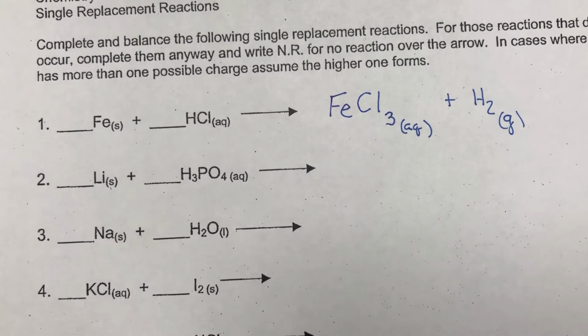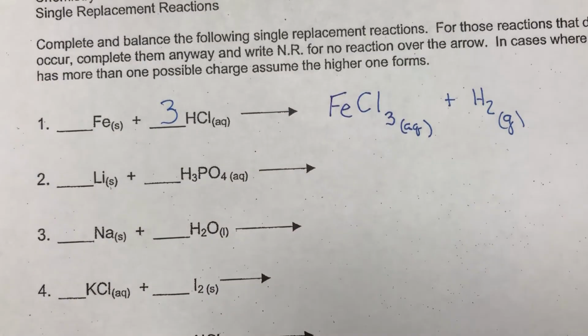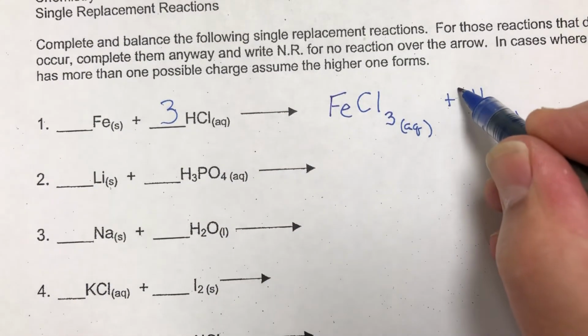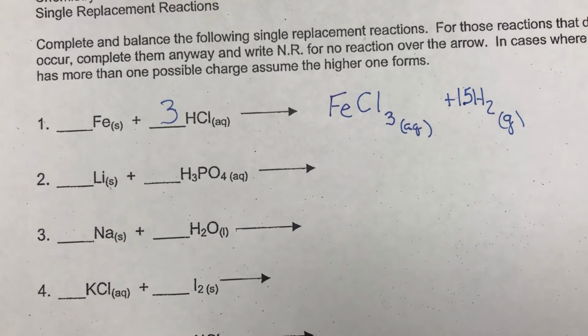I have 1 iron on each side. I have 3 chlorines on the product side and only 1 on the reactant side. I'll put a 3, which changes hydrogen to 3 atoms of hydrogen, and I would need a 1.5 in front of hydrogen to balance hydrogen that way, showing the law of conservation of mass.